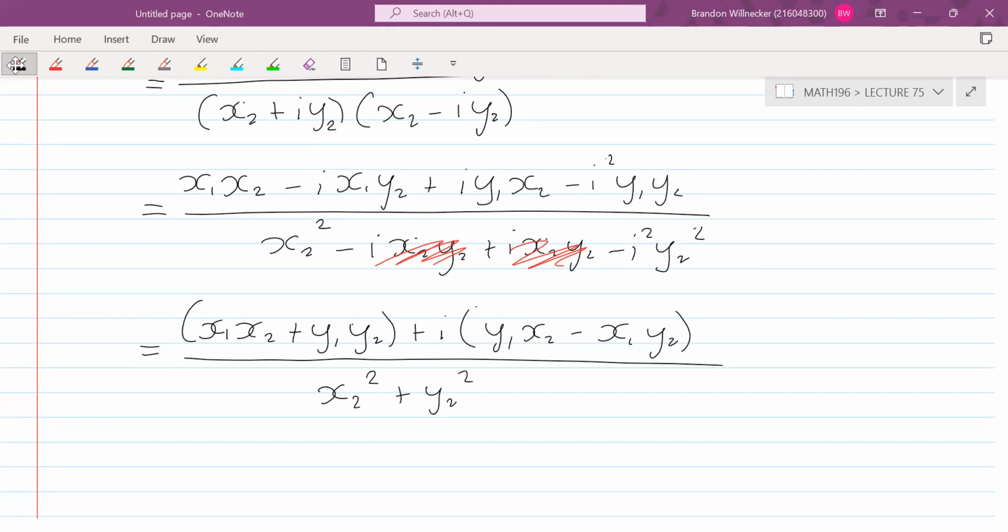So this denominator is real now. There's no r term, so there's no imaginary part. That means it's real.